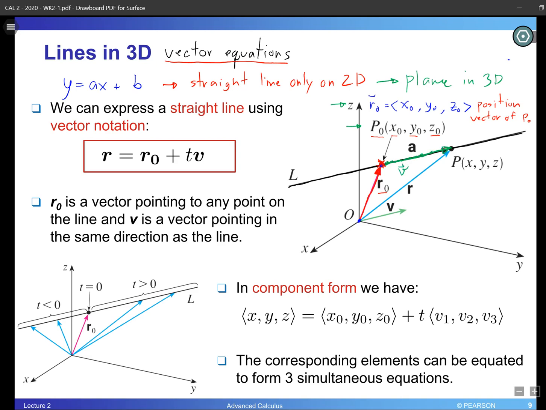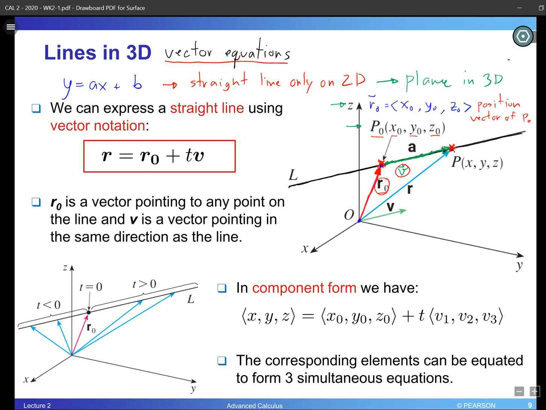Now that we have this vector v on the line, what happens if we add this vector R0 to this vector v? If we add these two vectors, we are going to end up at a new point on the line. R0 goes to P0, and when you add v to that, you move to this new point.